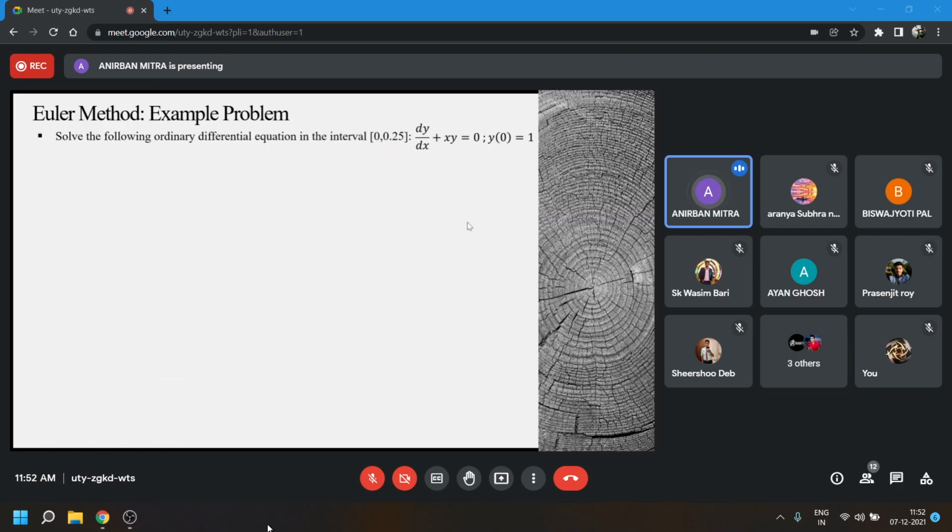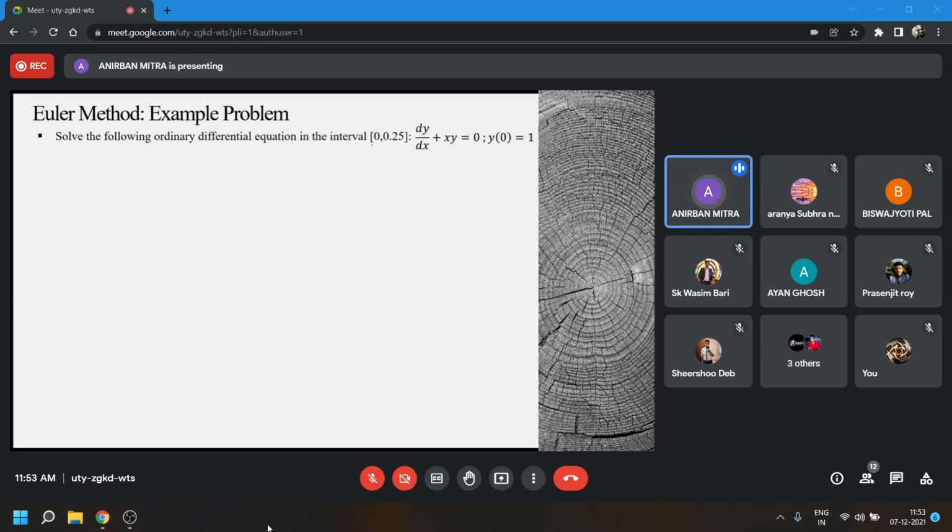Now let us consider an example for this Euler method. Although it's a very simple method, I think by doing this problem, the concept can be made much more clear. So what is the problem? We have to solve the following ODE given by dy dx plus xy equal to 0.